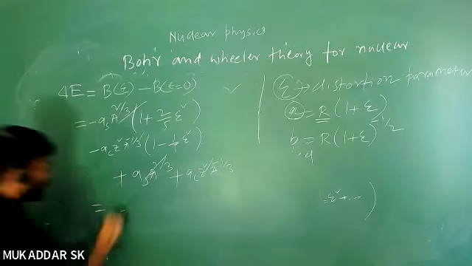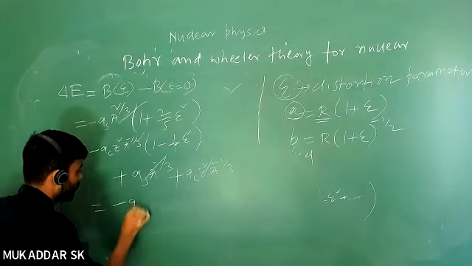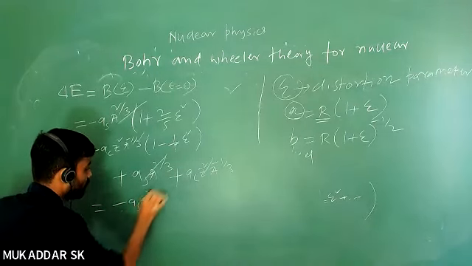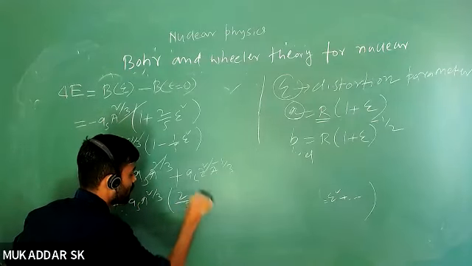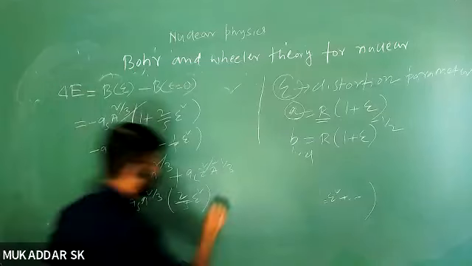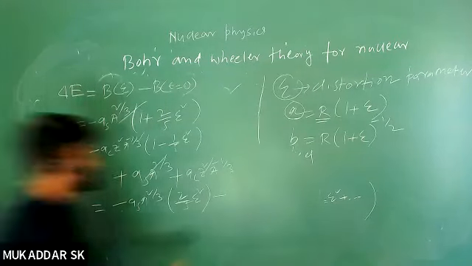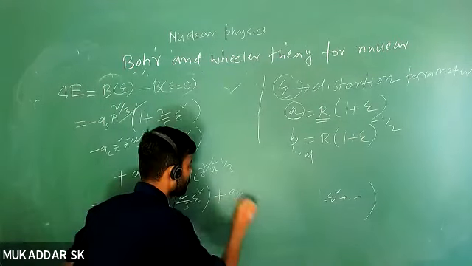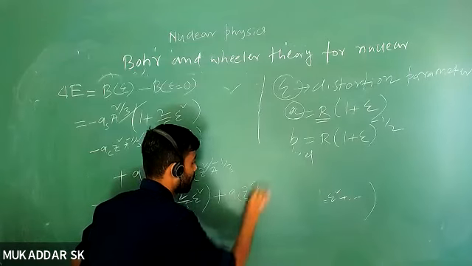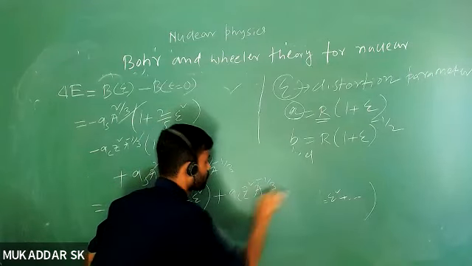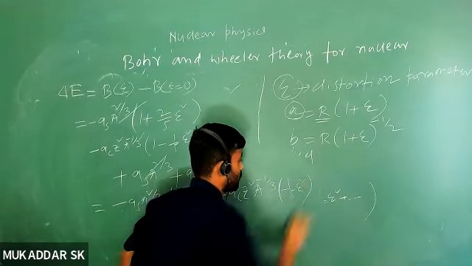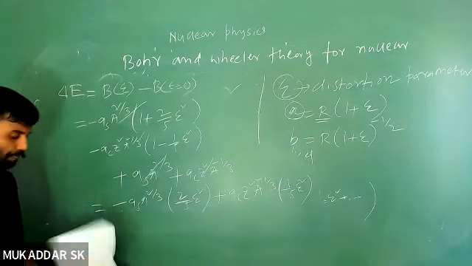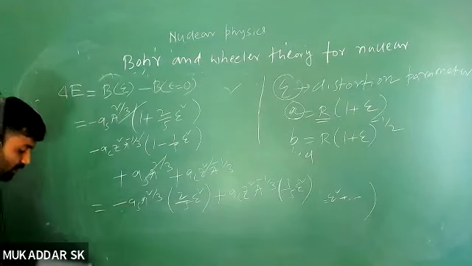Simply minus a_s A to the power 2 by 3, then you have the factor 2 by 5 epsilon square, then you will have plus a_C Z square A to the power minus 1 by 3, 1 by 5 epsilon square. So this is your change in energy.